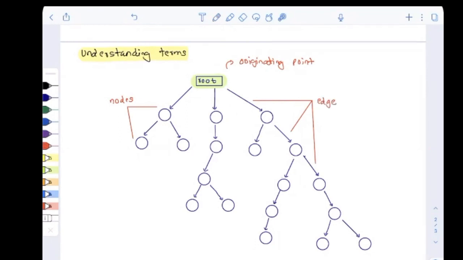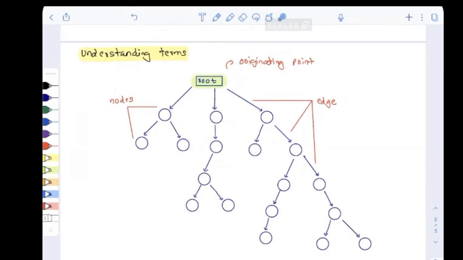You can call it anything, there is nothing in the name, guys, but the point is that if two people are talking, generally we talk about it in this manner: the nodes of my tree, and the edge is this edge, this edge, this edge. So that's why we are understanding these terms. This is the root node, the originating point of your tree.